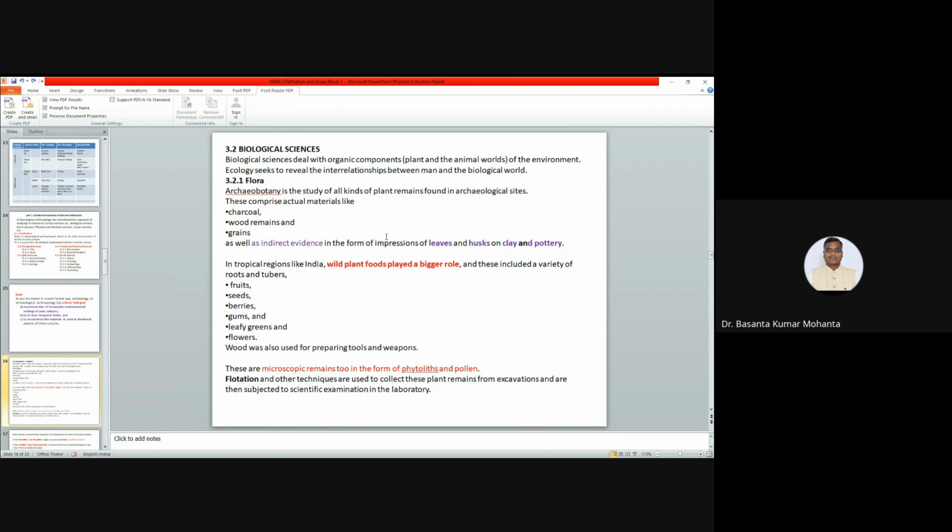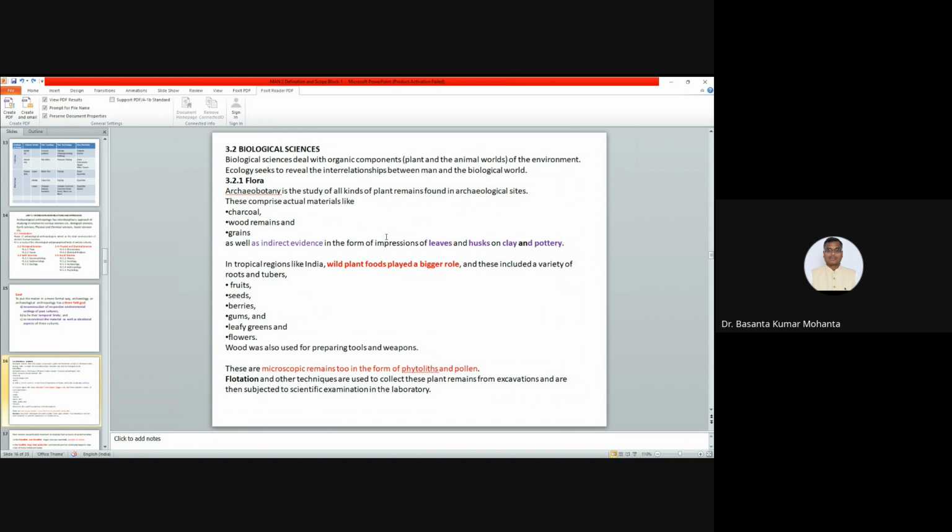Sometimes you see evidence of leaves, grasses, husks, or seeds present in clay and pottery, because from the Neolithic time onwards, when people started making pottery or ceramics, they were using these plant products as binding material or to fire their kilns or furnaces.